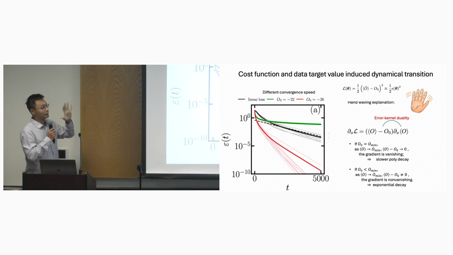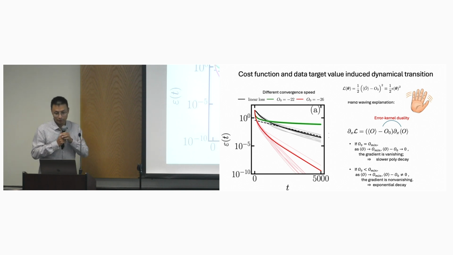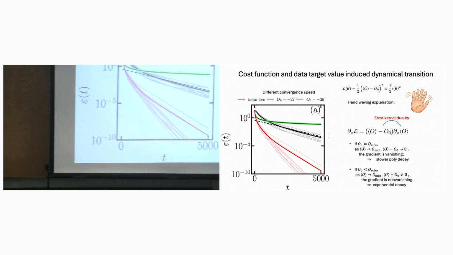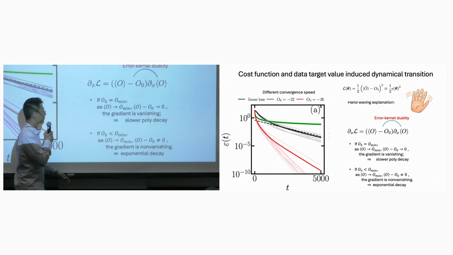In this gradient descent process, the gradient, let's say partial x of the loss, is going to give you an O expectation value minus O0 term because of the quadratic construction. And then here we see there's a so-called error-kernel duality, where this is the residual error, and this is the gradient, or the kernel.